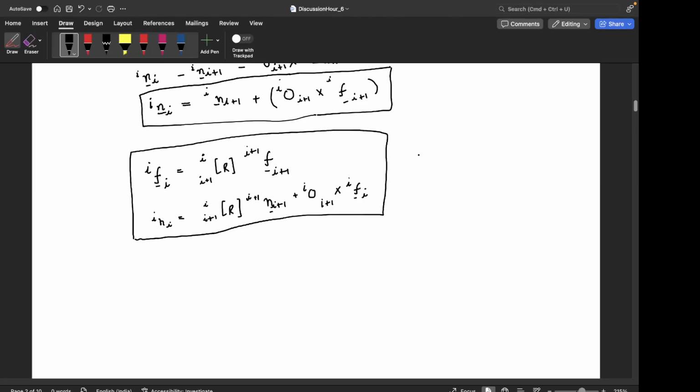So the equations are these only. These are the static force and moment equations.